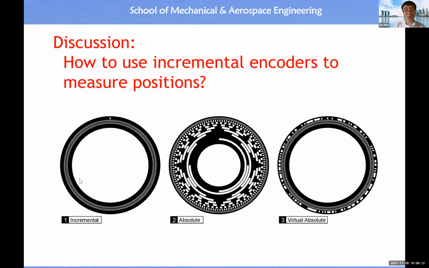Because for this one, you see, we only have one pattern to indicate this is the zero position. Then in order to search for this zero position, you need to rotate at least plus minus 180 degrees.